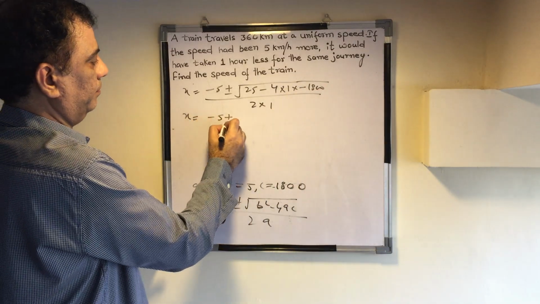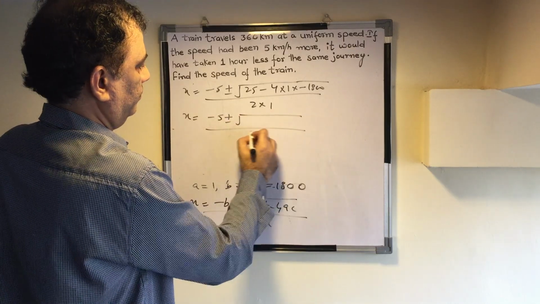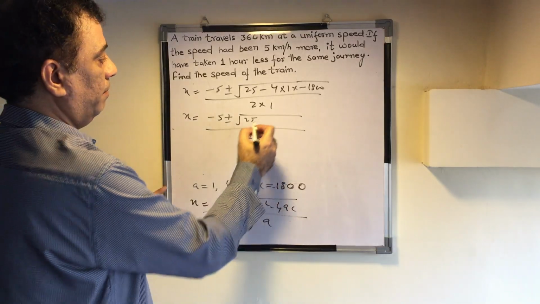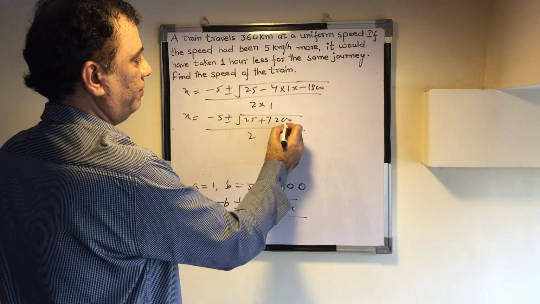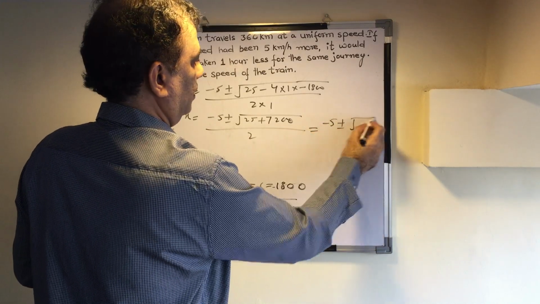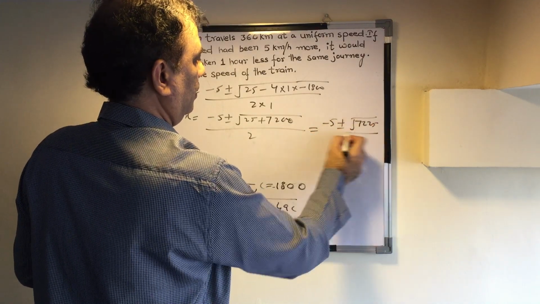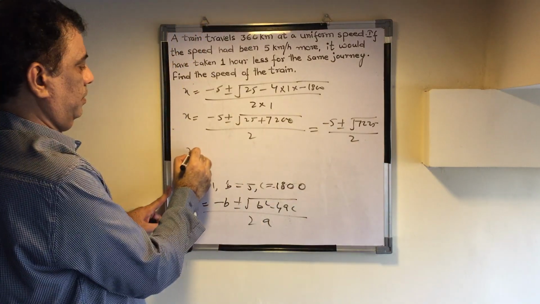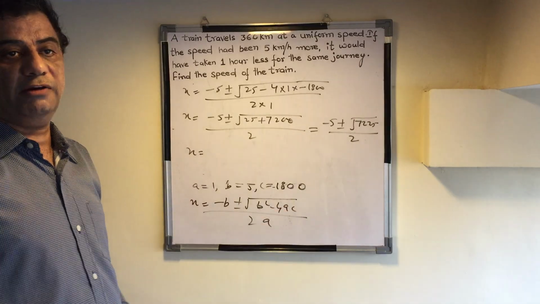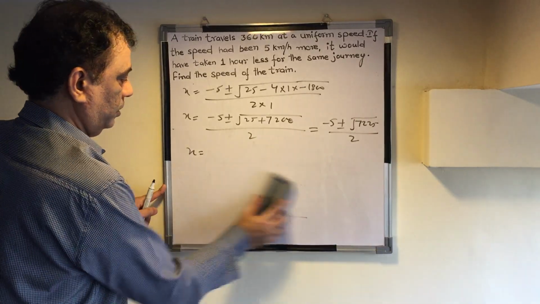So this will be minus 4 into minus 1800, plus 7200. So this will be minus 5 plus minus root 7225 by 2.